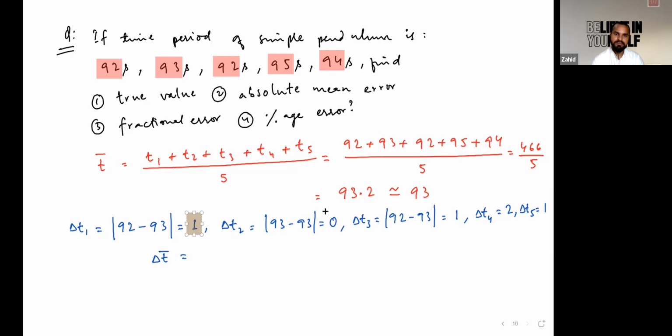This is delta T1, this is delta T2, T3, T4, and T5. Just put all these values and simplify it. Why? Is it clear?